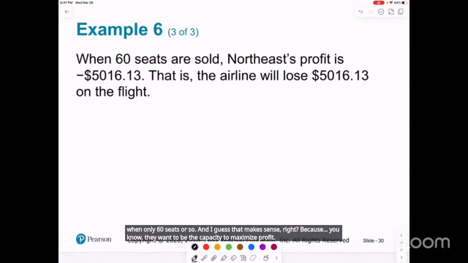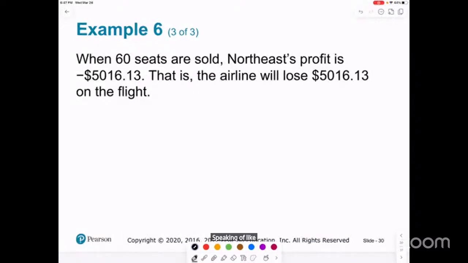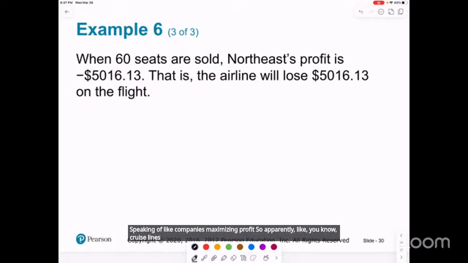Speaking of companies maximizing profit, so apparently, cruise lines lose money. Same scenario here. If they don't fill those empty seats, they lose a lot of money. I haven't tested officially yet, but supposedly there's a site. You have to do your own research and just be careful.